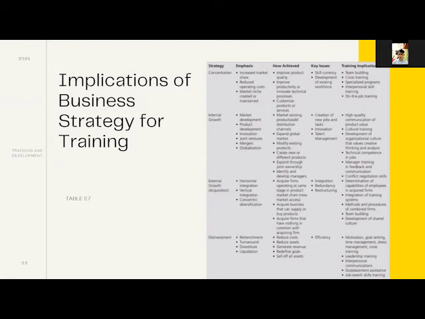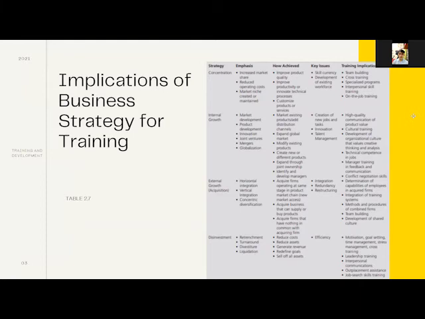Some key issues here: integration, redundancy, or restructuring. Training implications: determination of capabilities of employees in acquired firms, integration of training systems, methods and procedures of combined firms, team building, development of shared culture.